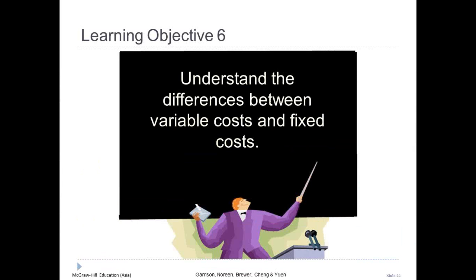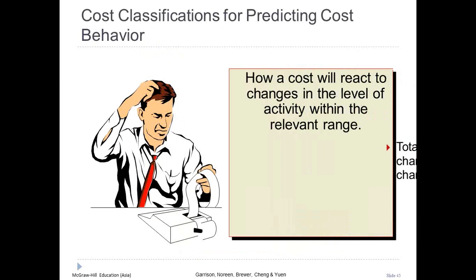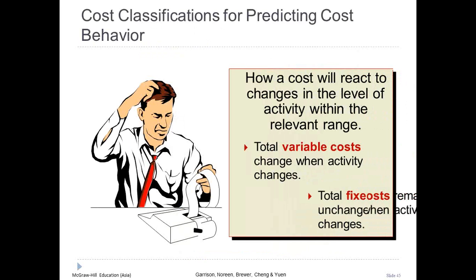Okay. Learning objective number 6. Let's understand the differences between variable costs and fixed costs. Quite frequently, it is necessary to predict how a certain cost will behave in response to a change in activity.